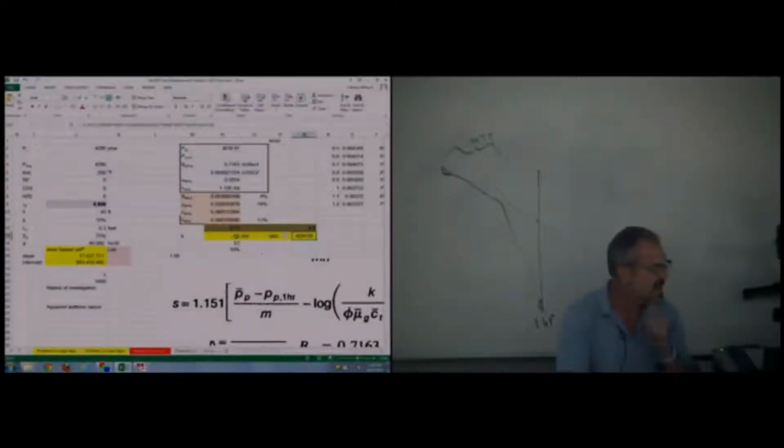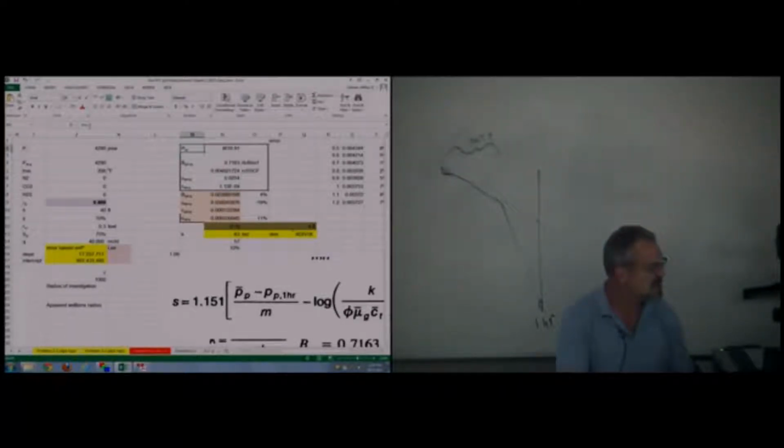Okay, we're okay. Except I've never calculated the pseudopressure, but I'm not going to use this number that they gave us. Let's just change this to pseudopressure.